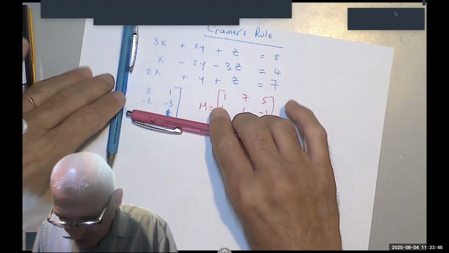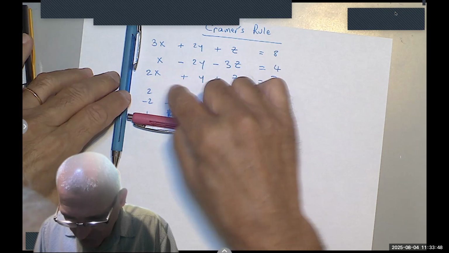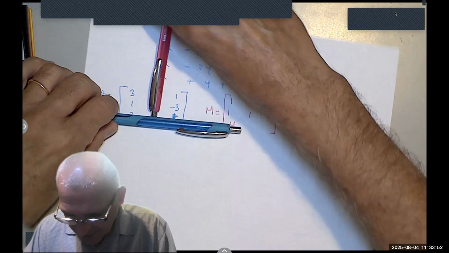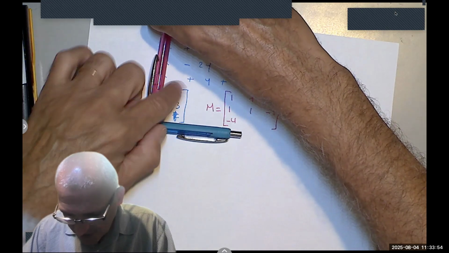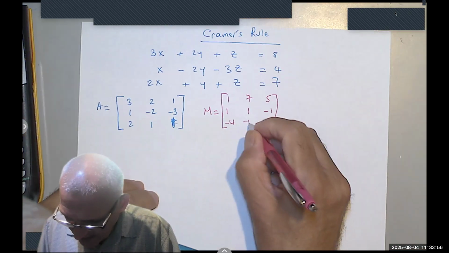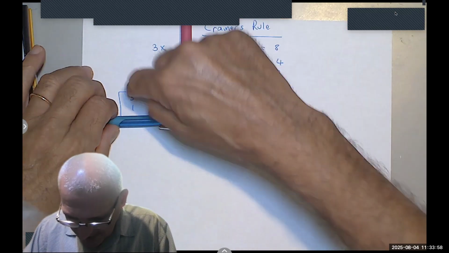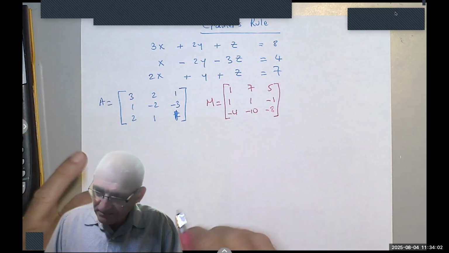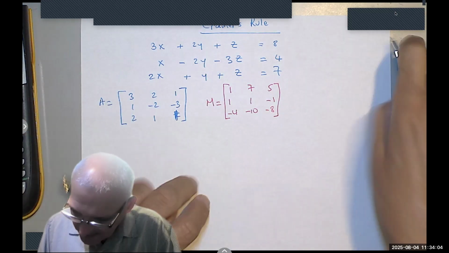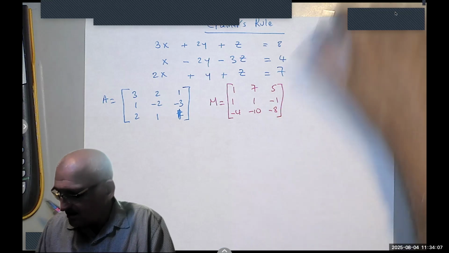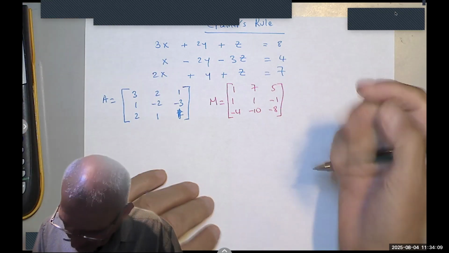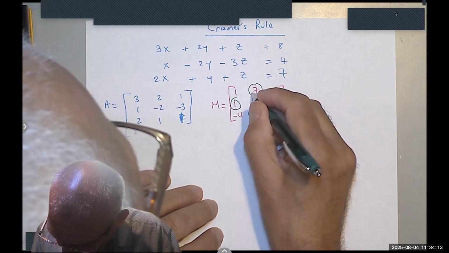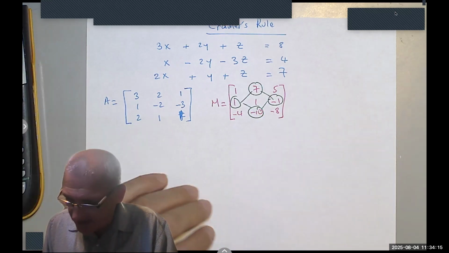For the bottom row, you get negative 6 plus 2 is negative 4. For the middle number, you get negative 9 minus 1 is negative 10. And for the last one, you get negative 6 minus 2 is negative 8. From here, for the diamond-shaped positions, we are going to change the signs.